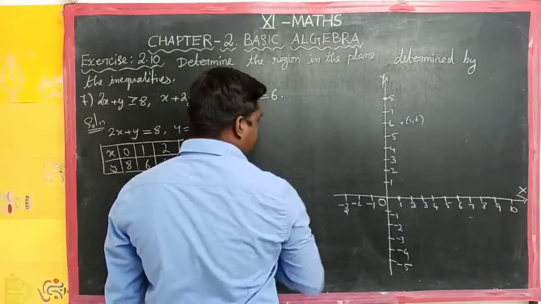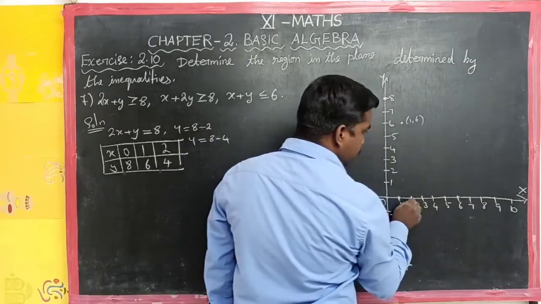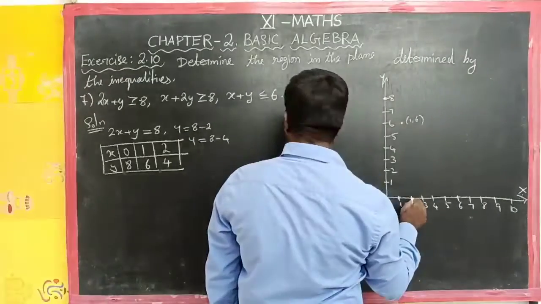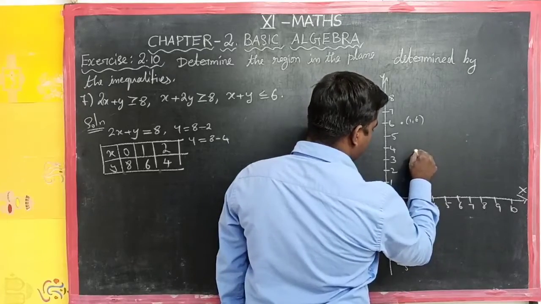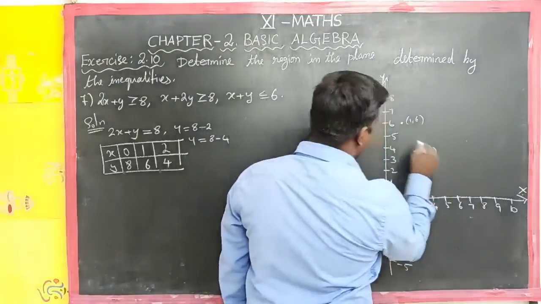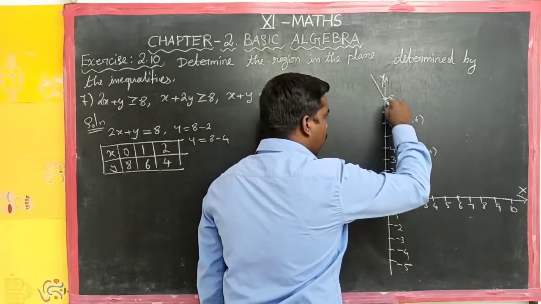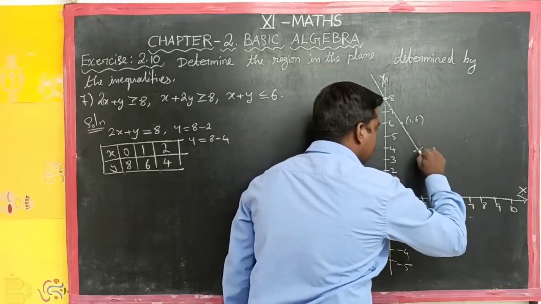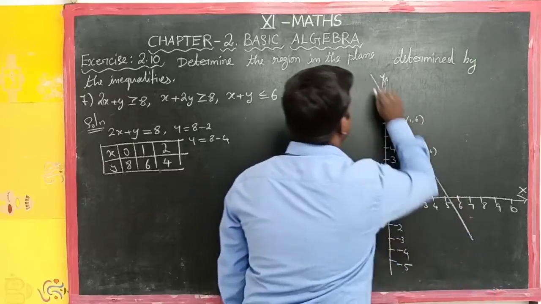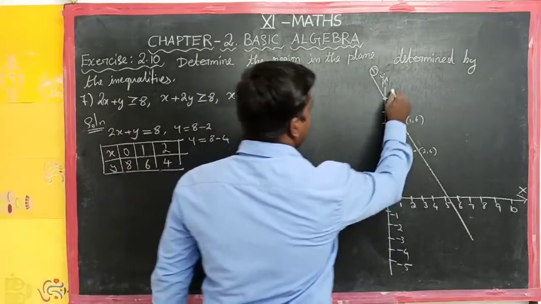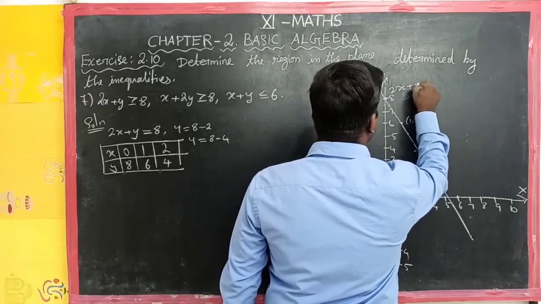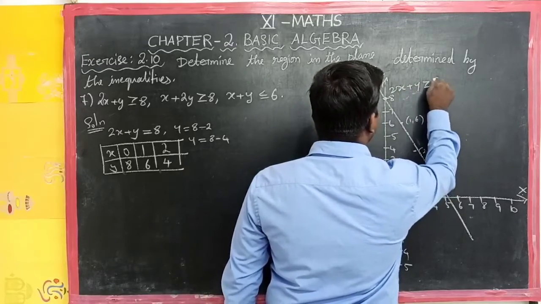So next 2, 4. 2 is on x-axis and 4 on y-axis. So I am drawing here approximately the line. You should draw by the scale. This is first straight line, that is 2x plus y which is greater than or equal to 8.